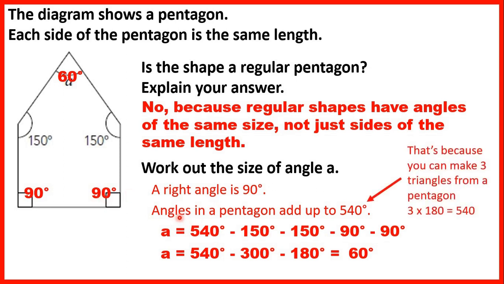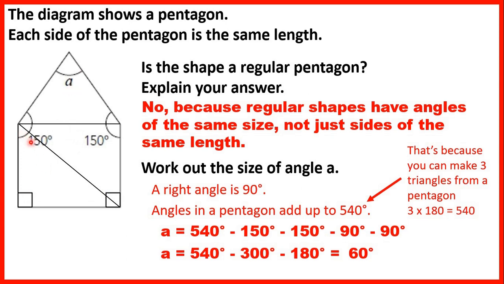Now the reason why angles in a pentagon add up to 540 degrees is because you can make three triangles from a pentagon, and we know that triangles have angles that add up to 180 degrees, and 3 times 180 is 540. So we could split this pentagon into three triangles.